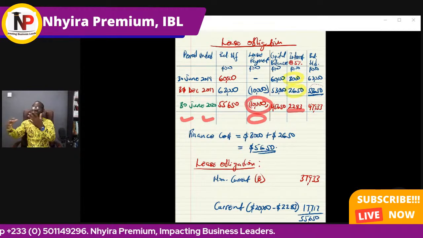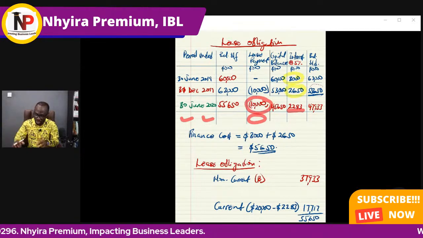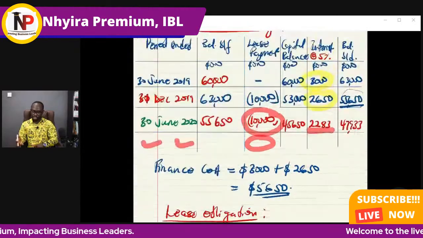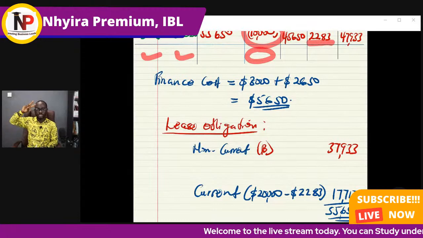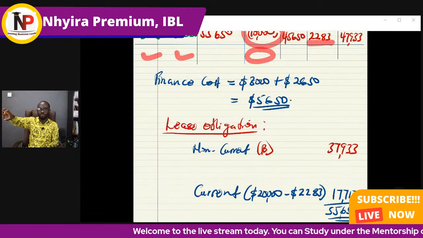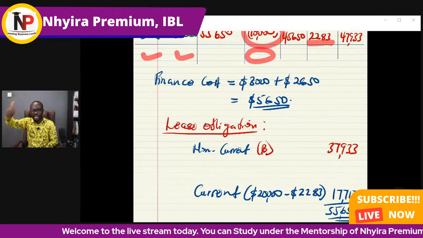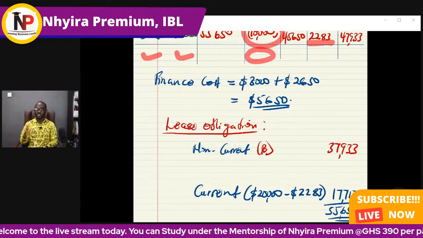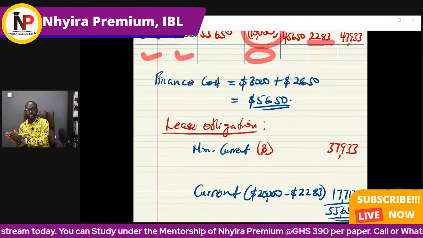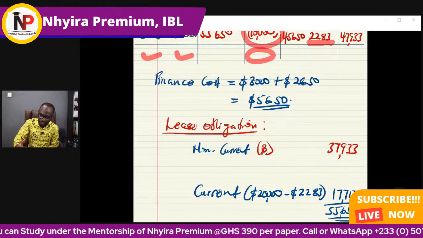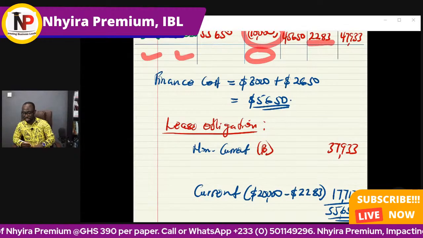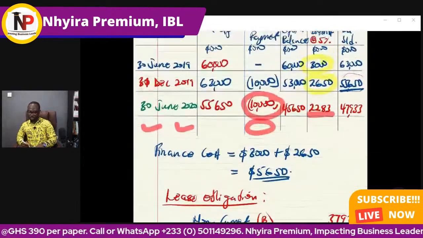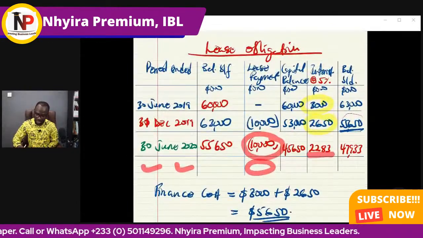Then the balancing figure becomes the non-current component. But we're going to be just staying with this one. So the next 6 months lease payment minus the next 6 months interest expenses is the current liability. Then the balancing figure is the non-current liability in that case. So that is the idea about that.